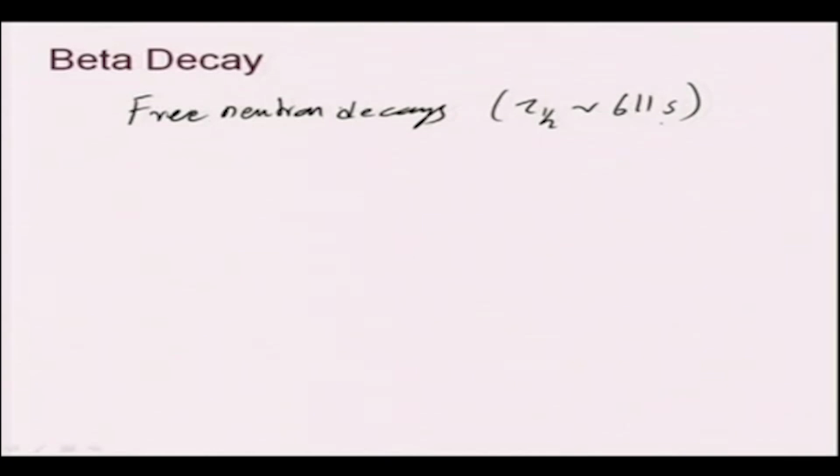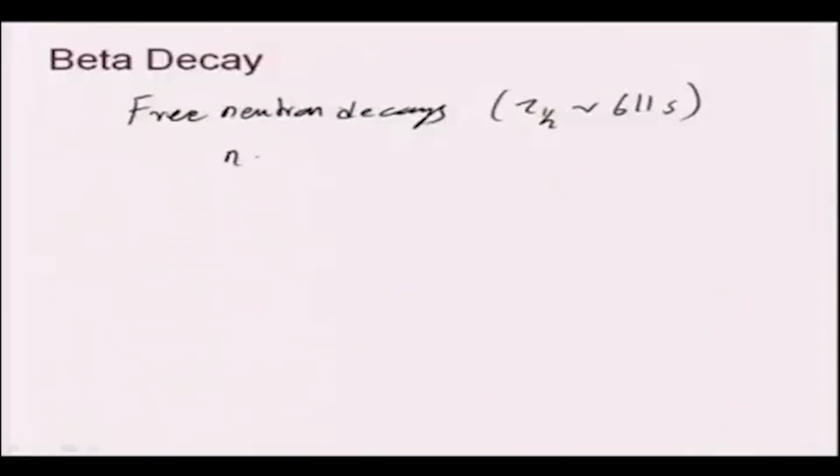And in beta decay in particular, we will be discussing the decay of the neutrons within the nucleus. But let us look at the free neutron decay just for the kinematics. N goes to P plus E minus and neutrino. Actually, for reasons that will be explained in the later discussions, this is an anti-neutrino that will come out along with the electron.